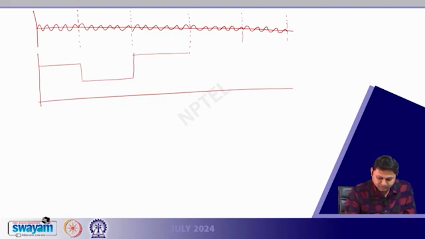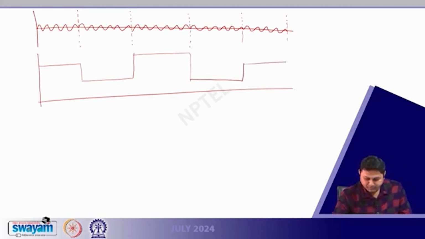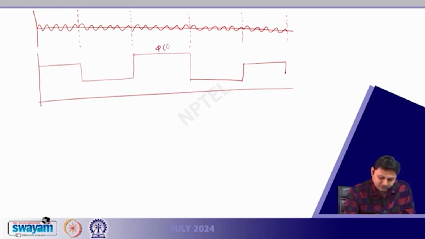Then it goes here, there is a sudden jump, and it goes here, there is a sudden jump. This drawing suggests that this is phi t; over time, this is the way the phase changes.